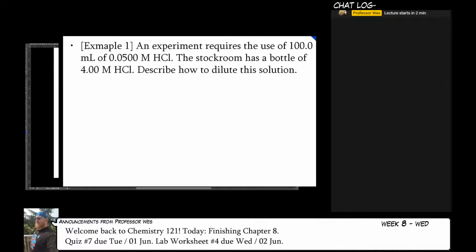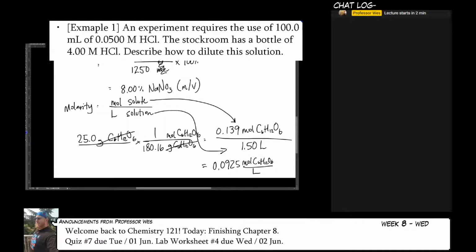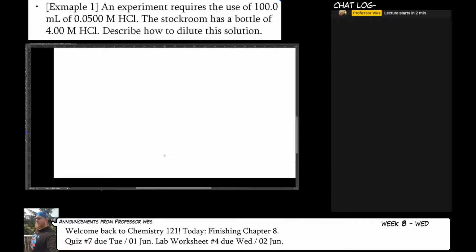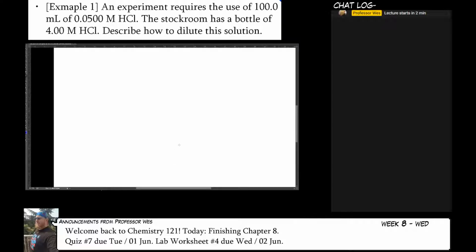So I have 4 molar HCl in the stockroom, but I want 100 milliliters of 0.05 molar HCl. So I want something way more dilute, because 4 molar HCl is too concentrated. It might ruin my experiment. So I want to describe how to dilute this solution.